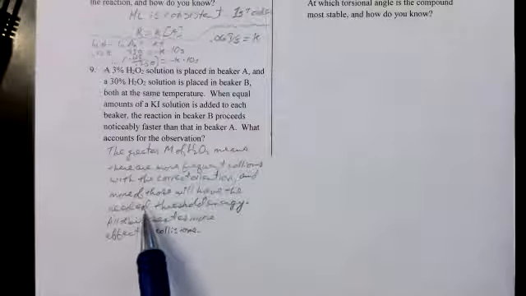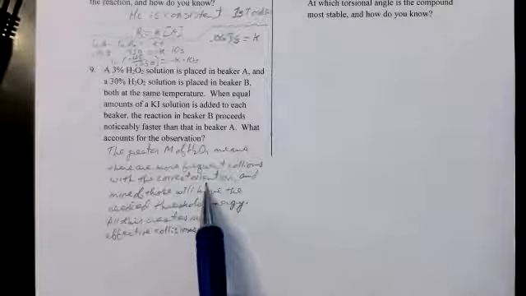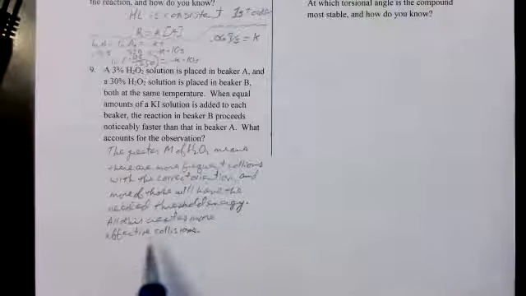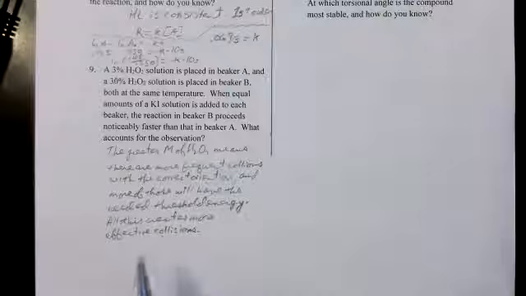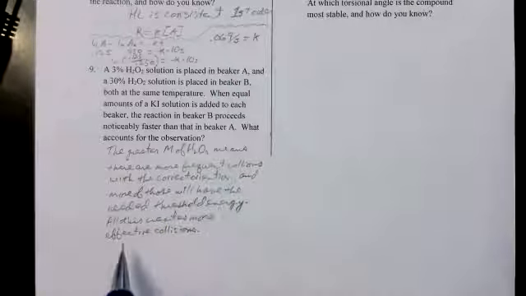And there should be 10 times as many of them that have the needed energy to react when they hit in the correct orientation. And having both the correct orientation and the needed threshold energy is an effective collision. One more time, having the correct orientation and the needed threshold energy is what's needed for an effective collision. And by effective collision, I mean one that will actually react.